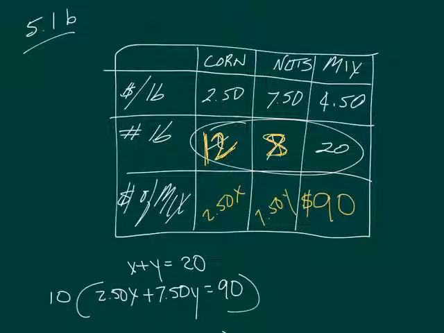So what should happen then is if I were to take 12 plus 8, I add those up and I get 20, true. 250 times 12 plus 750 times 8 gives me $90. So that means that my answer is, I'm going to need 12 pounds of candy corn and 8 pounds of honey roasted mixed nuts in order to get a $90 solution that weighs 20 pounds. Okay?